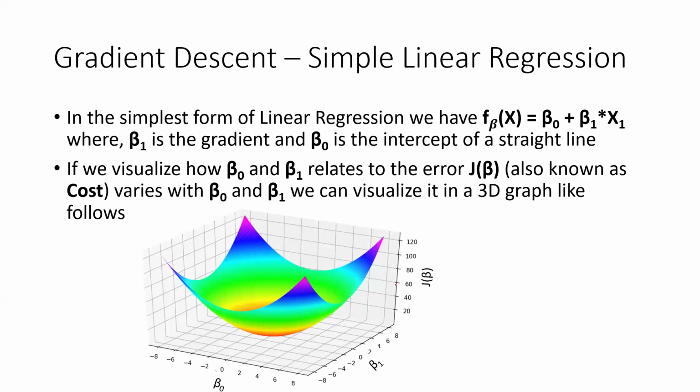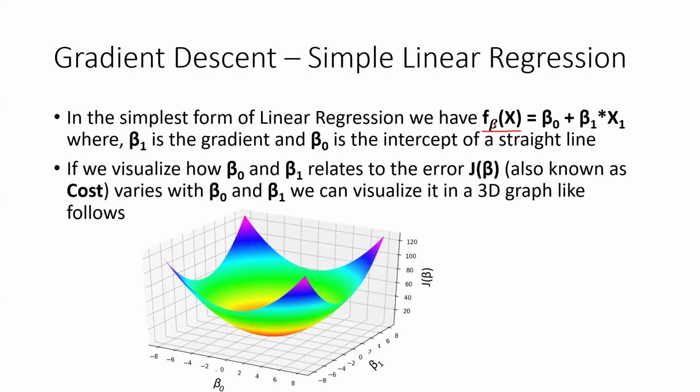So first, look at how simple linear regression is represented, right? The simplest form of linear regression is not the multiple linear regression, but the simple linear regression, right? When it comes to simple linear regression, we have f beta x, right? In the earlier time we might not have discussed this beta.